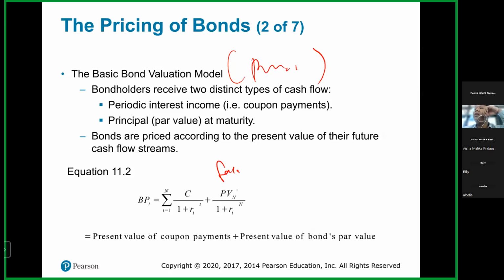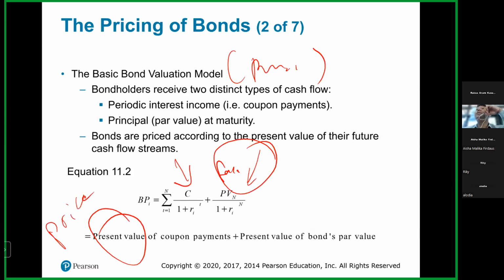So we take all of the coupon payments and the face value payment at maturity, and we take them at their present value. So if we can calculate the present value of all the coupons that we will receive and the face value that we receive at maturity, then we will have the price of the bond. So this is the basic idea of bond pricing.